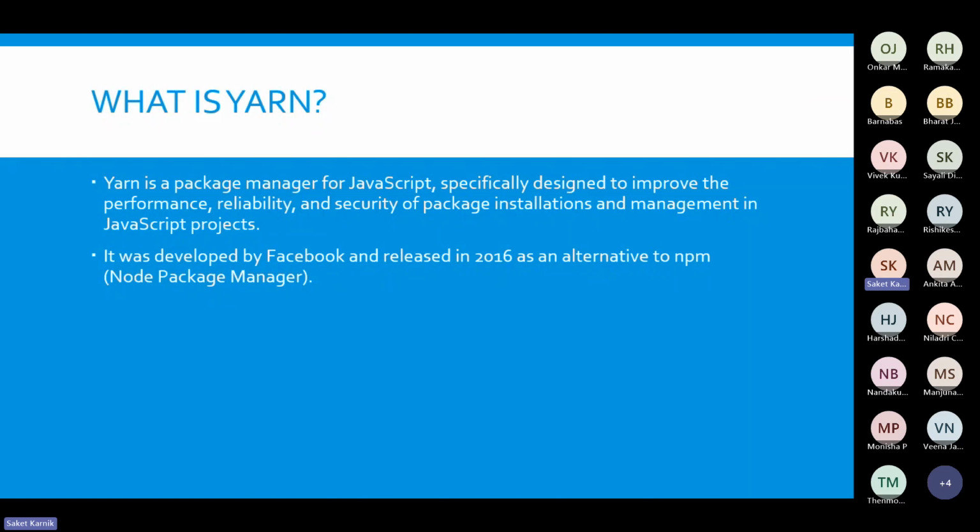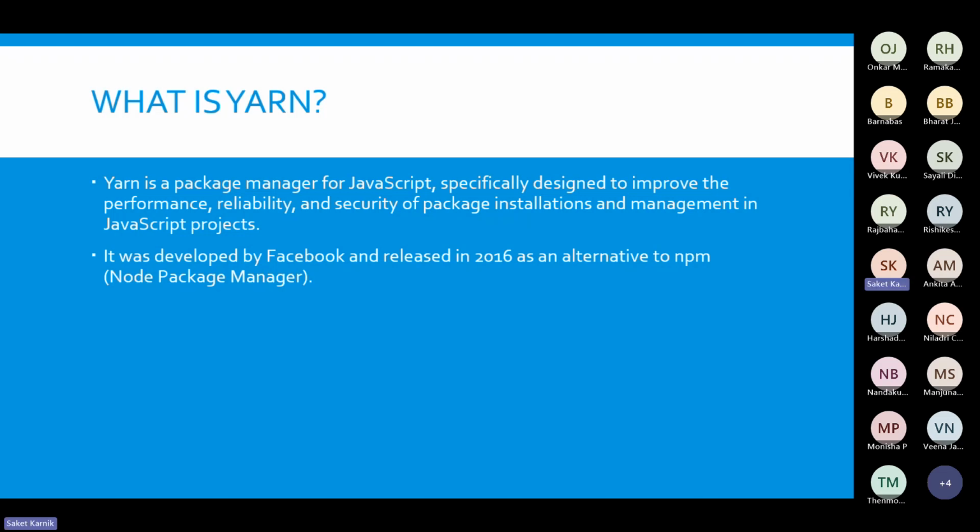It was developed entirely by Facebook, released in 2016 as an alternative to NPM. But now, as of today, NPM also has got all these capabilities that Yarn used to provide.